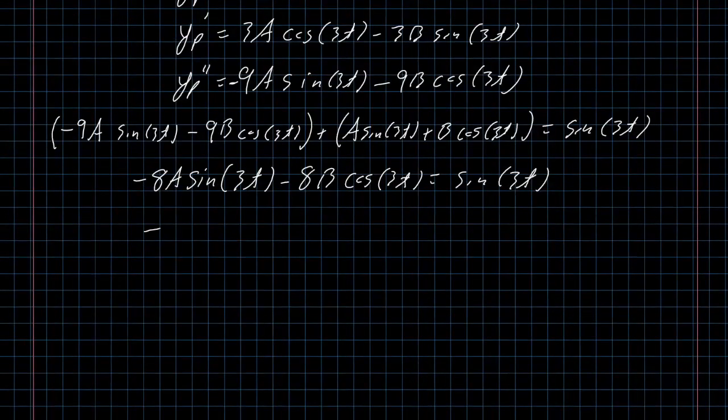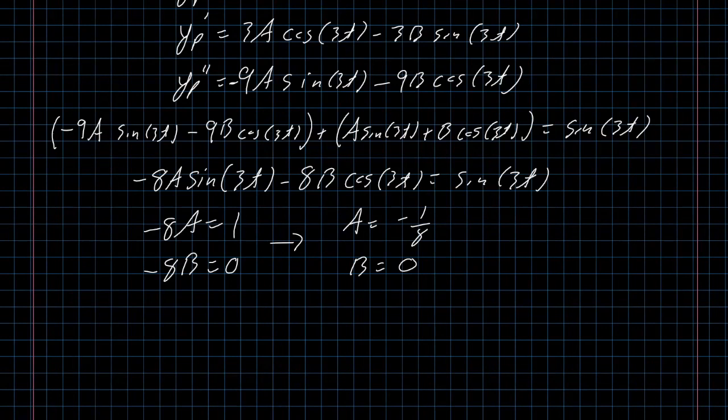So I get that negative 8a is equal to 1 and negative 8b is equal to 0, which turns into a itself is negative 1/8 and b itself is 0, giving me the particular solution y_p of t is equal to negative 1/8 sine of 3t.